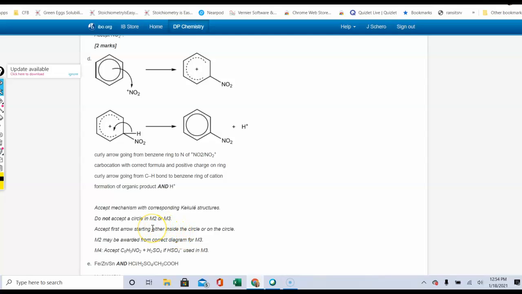Accept the first arrow starting either inside the circle or on the circle. So if this first arrow was directly on the circle, that would be okay. M2 may be awarded from the correct diagram for M3. And then it does say, showing the equation, C6H5N2 plus H2SO4 if HSO4 is used in M3.